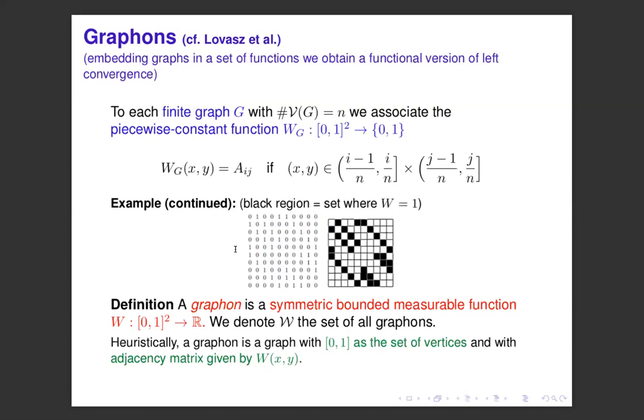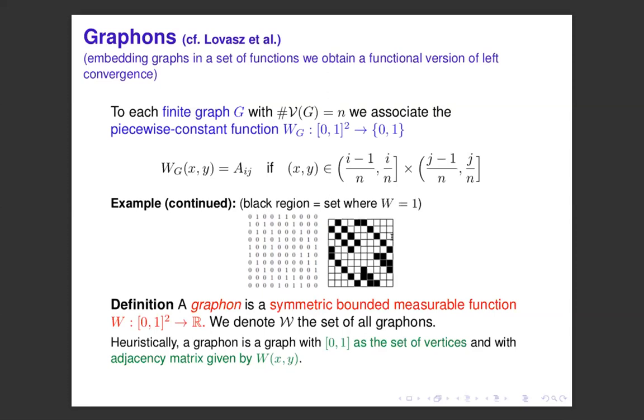So you extend this matrix from 1 over n squared to the square 0,1 times 0,1. So here in the previous example was the adjacency matrix, and this is the interpolation.